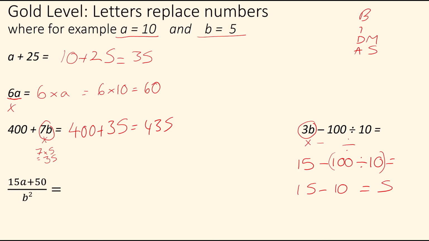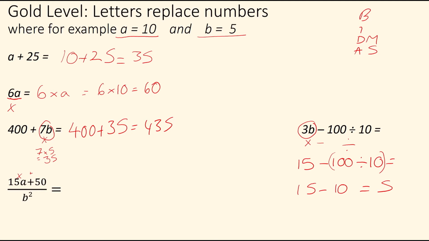Okay, so now we're back to another one of these divisions that looks like a big fraction. So remember, we're going to solve the top part first, solve the bottom part, and then we're going to divide. Right, top part first, 15a. So remember, that means we're going to times, and then we've got an add. What are we going to do first? Multiplying comes first, I hear you shout out to the crowd.